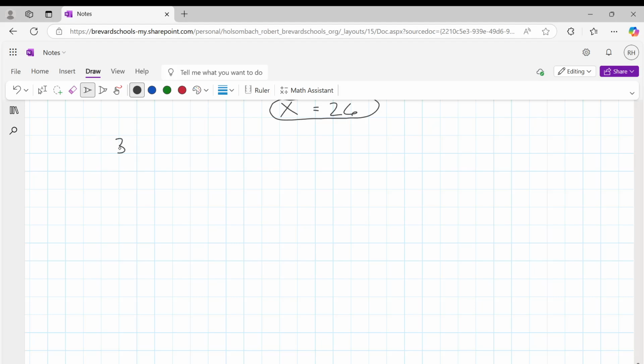Problem number 3. We've got x plus 10 raised to the 2/3 power equal to 4. So we're going to raise both sides to the 3/2 power. These exponents will cancel.